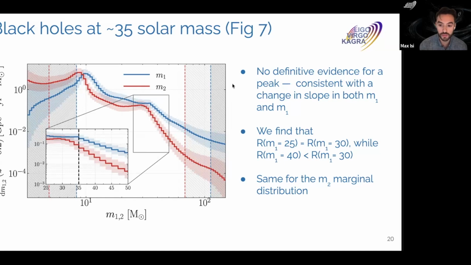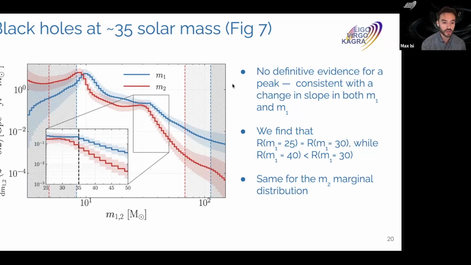With this GWTC-5 data set, we appear to be able to determine more clearly that there's a preference for a break rather than a peak, in the sense that we can evaluate the rate to the left of 30 solar masses, to the left of this feature, and it's consistent with being the same, whereas to the right, there must be a drop. So rather than being a bump, this is really more consistent with a knee or a turnover in the mass distribution, whether you're looking at the primary m1 or the secondary m2.